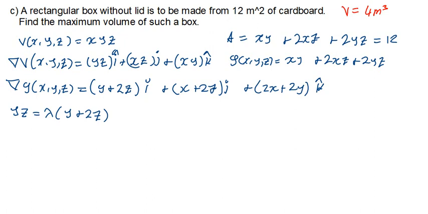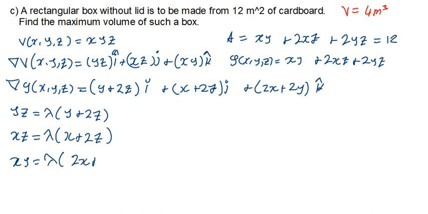Then the second part, you're going to have your xz, which is what you have here, equated to this one but multiplied by the lambda there, so it'll be lambda times x plus 2z, like that. Then for this part, you're going to have your xy equal to lambda times 2x plus 2y, like that.